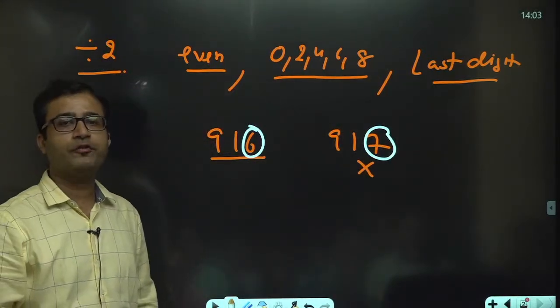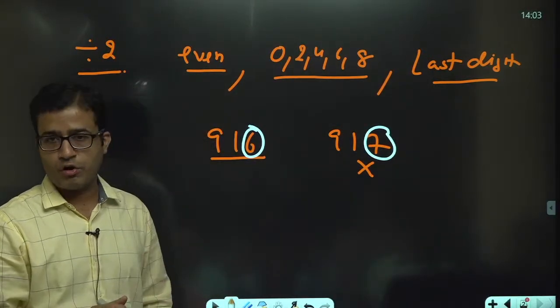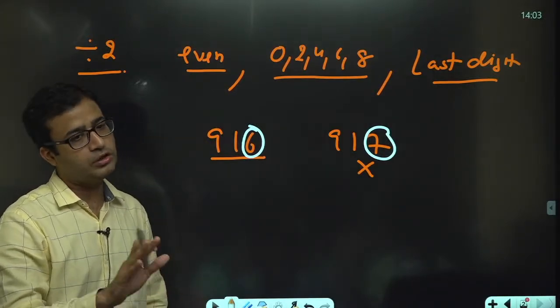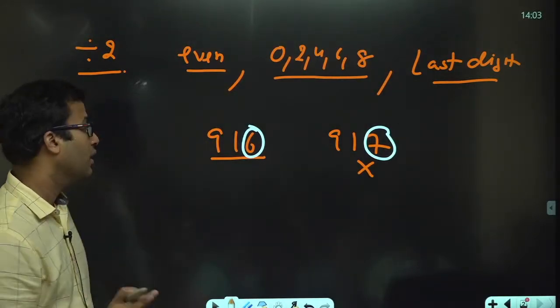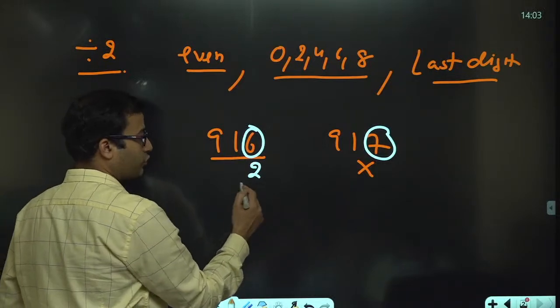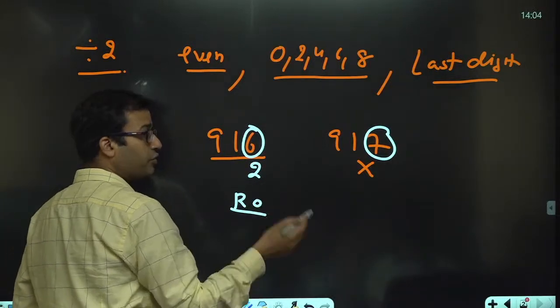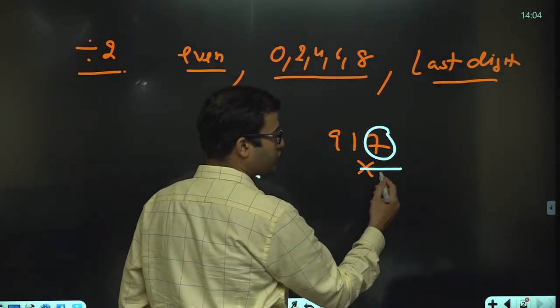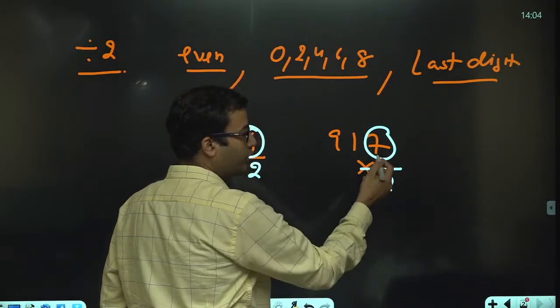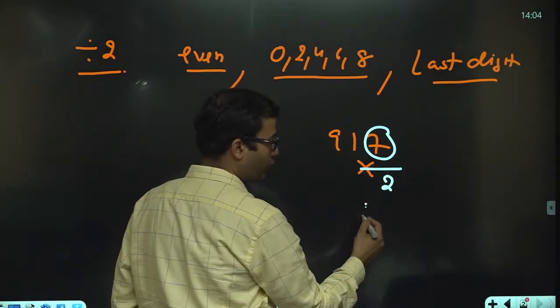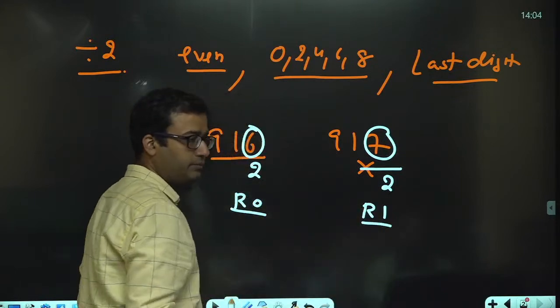If it is divisible by 2, the remainder is 0. If it is not divisible by 2, you just divide 7 by 2. What is the remainder? 1. So the remainder is 1.